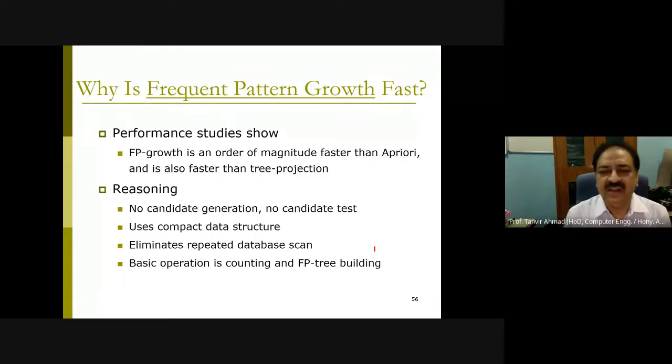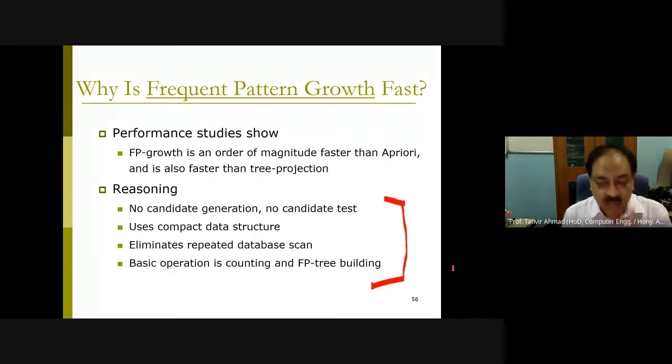Because there is no candidate generation and no candidate test. It uses a compact data structure because the database is converted into a tree. Thirdly, it eliminates repeated database scans. The basic operation for frequent pattern growth is only counting and tree building. These are basically the reasons for it.